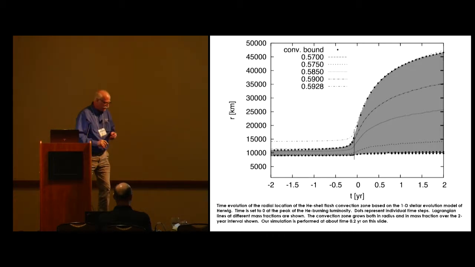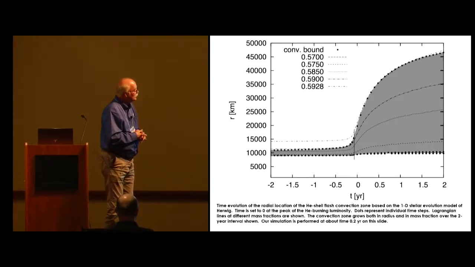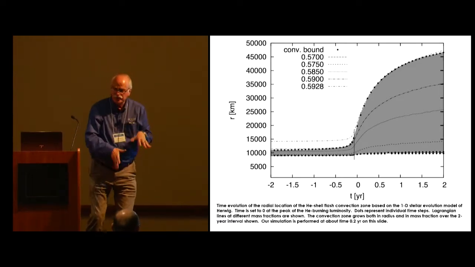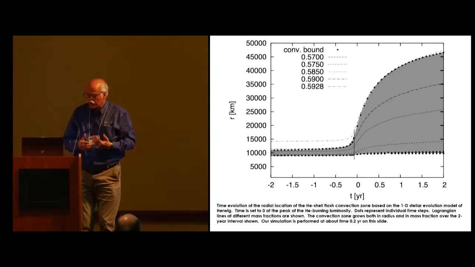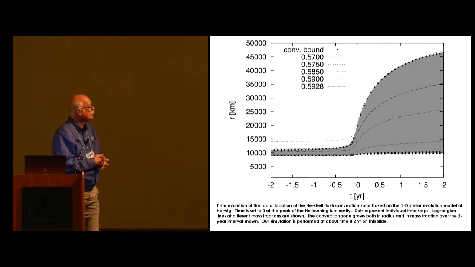This is just a diagram to show that if you don't look in the mass coordinate, but if you look in the radius, you can get a different picture of this. This is that convection zone above the helium burning shell, showing how it expands and it lifts all of that stuff that's up above it upward, which is what turns off the hydrogen burning.